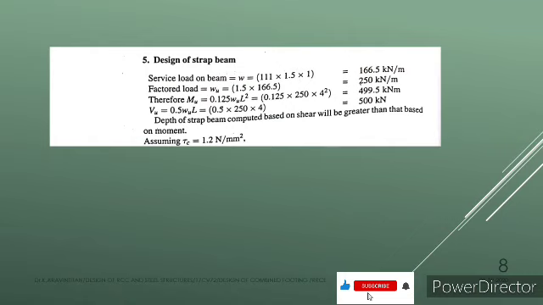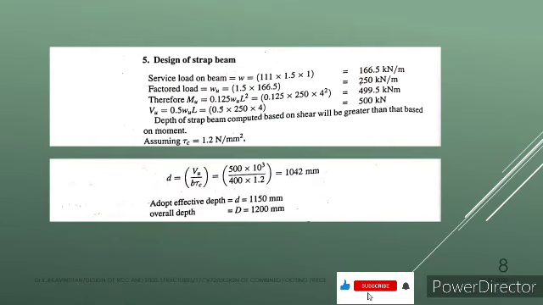Now, next we shall go for a strap beam design. For designing a strap beam, first let us identify the service load on the beam. What is the service load? That is the soil pressure. In terms of footing, the load will be the soil beneath the footing.